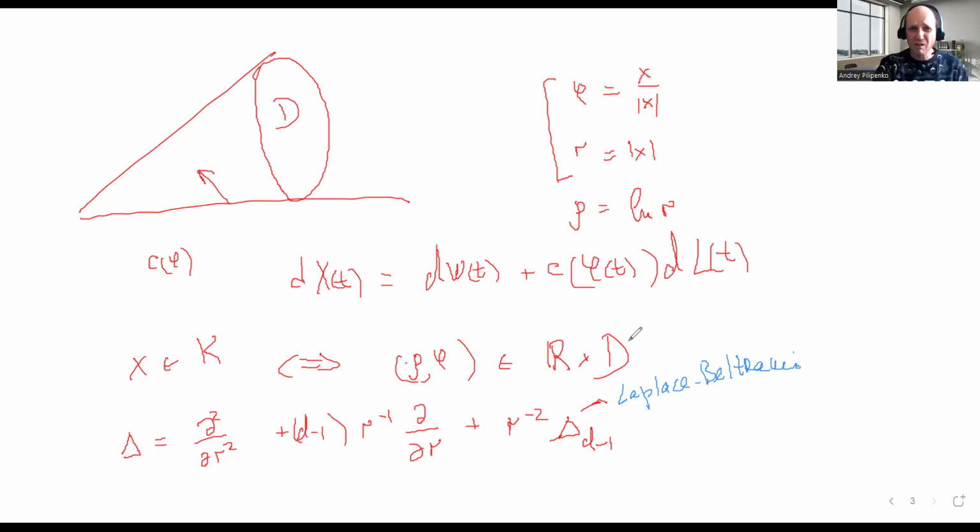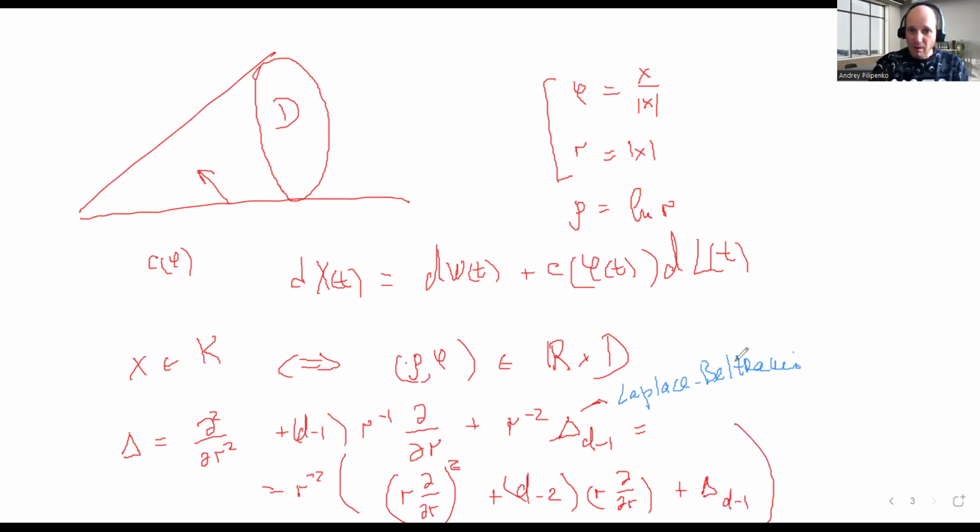It can be written as follows: (r d over dr) squared plus (d minus 2) r d over dr plus Laplace-Beltrami, and r d over dr is just d over d rho.